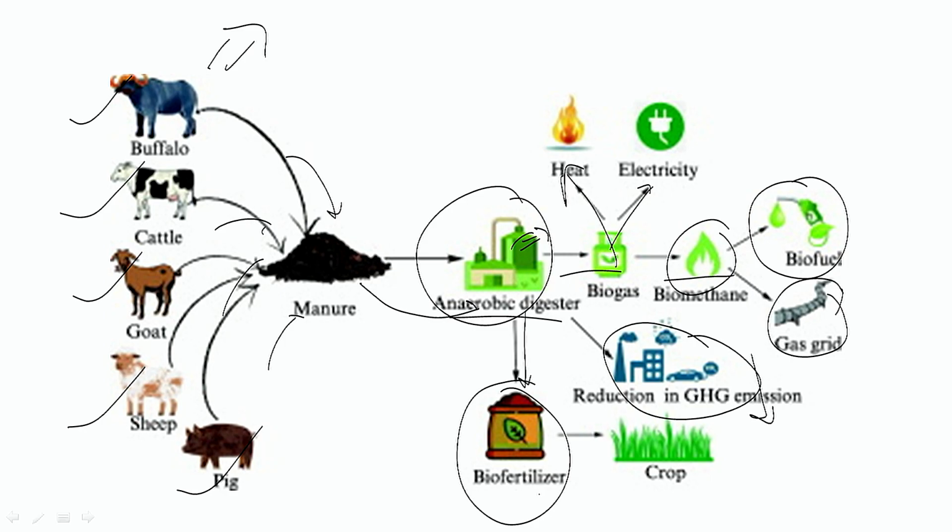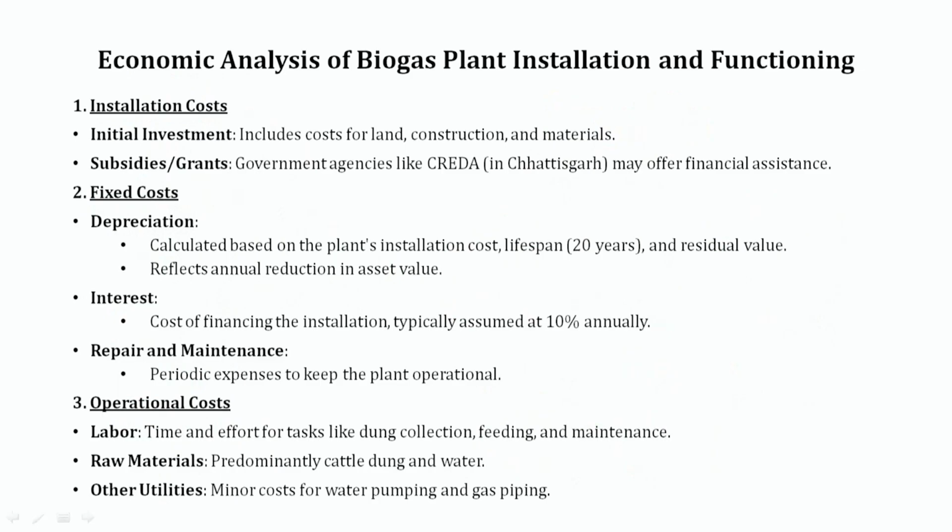And if we put the biofertilizer produced from these things to use, then crop production will also get a hike. So we are going to have a sustained agricultural system if we use this manure in the form of a biogas plant. How a biogas plant is beneficial to us, we will deal with the same concept in an example with assumptions.